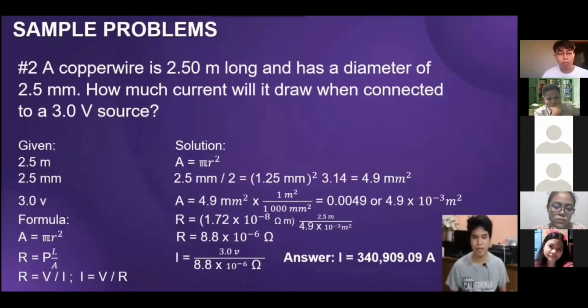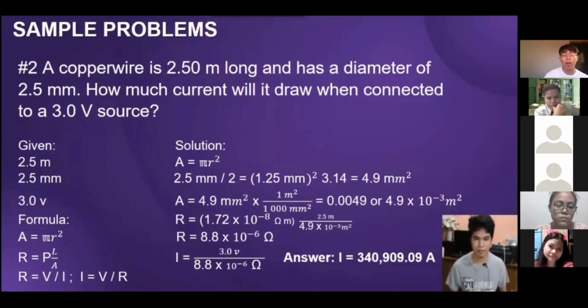So, proceeding to the formula, R is equal to 1.72 times 10 raised to negative 8 ohm-meters multiplied by 2.5 meters divided by 4.9 times 10 raised to negative 3 meters squared. Kakalabasan ng sagot ay R is equal to 8.8 times 10 raised to negative 6 ohms.